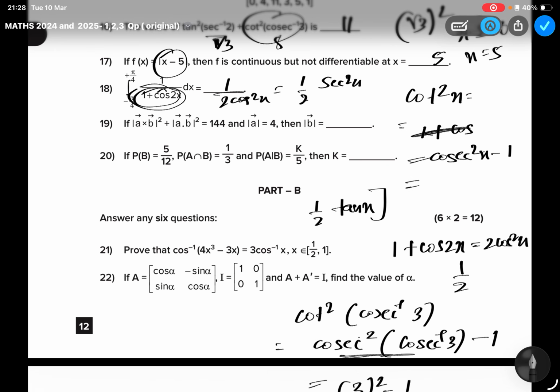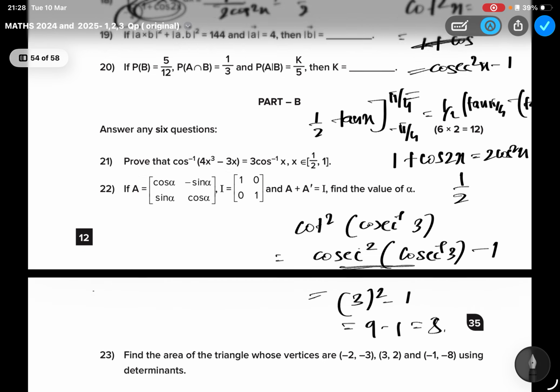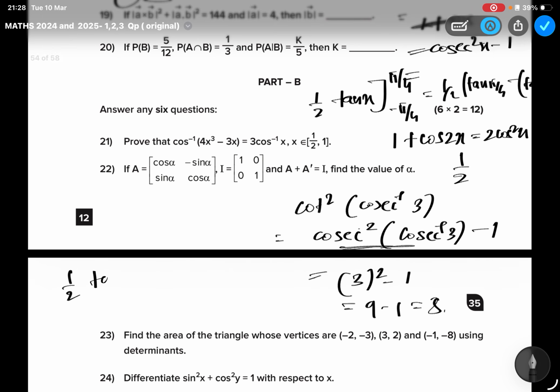So tan x with the range from minus pi by 4 to pi by 4: 1 by 2, tan pi by 4 minus tan of minus pi by 4.